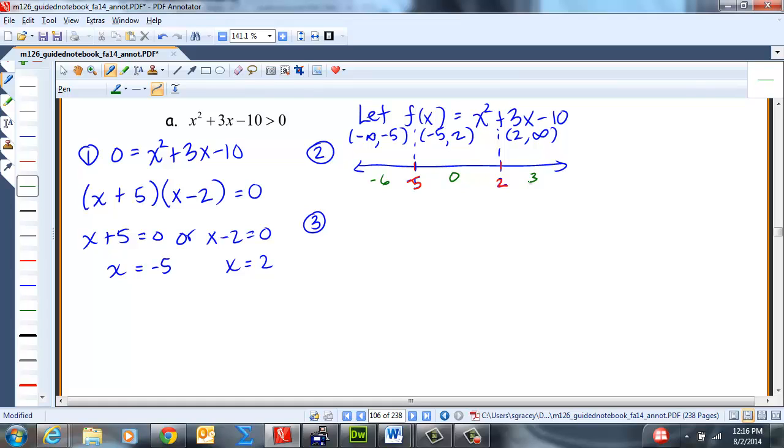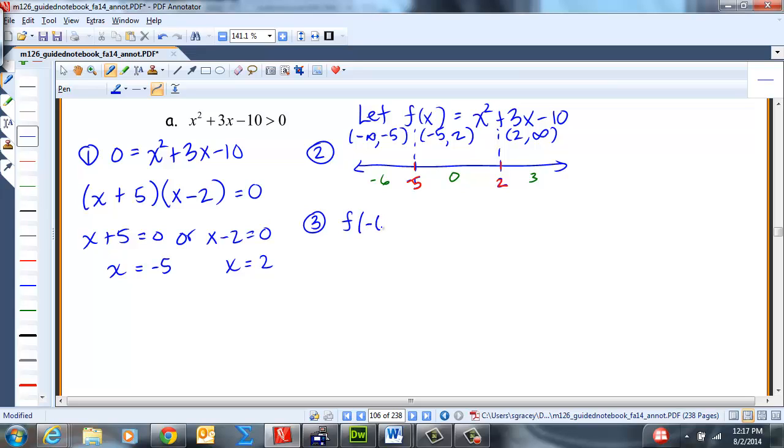You could have chosen any number between negative 5 and 2 in the middle interval, and you could have chosen, I don't know, 5, 25, 800 for the rightmost interval. I just chose numbers that I thought would be easy to evaluate. So here we go. We're going to just figure out if these results are positive or negative.